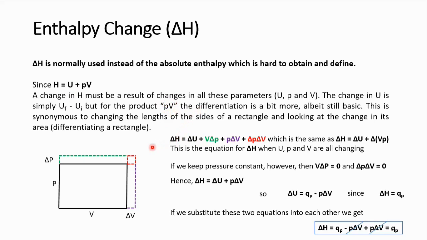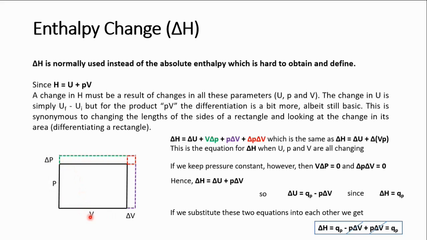Now, I came up with what I think is a simple way of differentiating the product PV. Let's say you have a rectangle, and one side has a length P, and the other side has a length V. If you decide to extend the side which has a length of P by a small amount, delta P, then you will end up with a new area enclosed by this green dashed line.